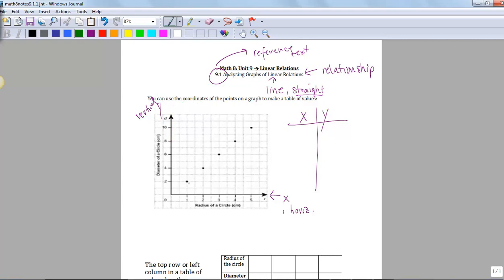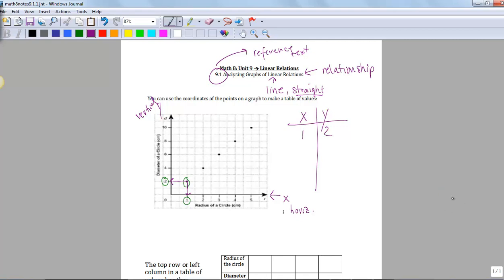Now, what we're going to do is take that first data point and put it into our table of values. Now, each data point is made up of an X and a Y, right? So, to figure out what the X is, you take the dot, go down until you hit that line, and that's horizontal. So, my X is 1. I'll go over to the Y, and the Y is 2, right?